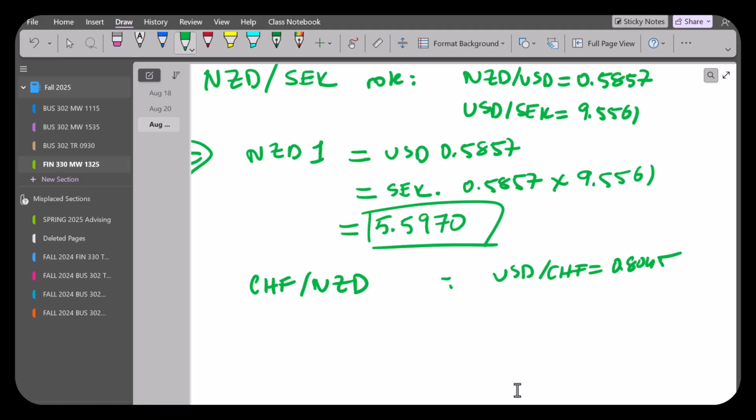All right. So I'm going to start with CHF 1. How much is that equal to in US dollar terms? How would I calculate it? Remember, the price I have is value of 1 US dollar in Swiss francs. So if I want value of 1 Swiss franc in US dollars, what do I need to do? Flip.